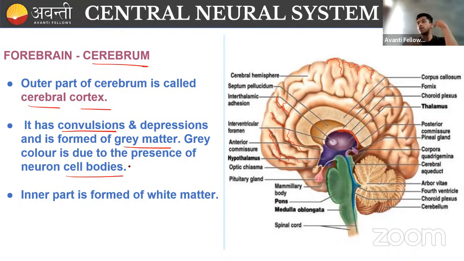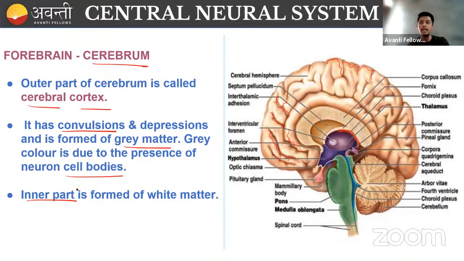So remember, the outermost part of your forebrain, which is also called the cerebral cortex, has neurons made up of only cell bodies which lack myelin sheath. That is why this region appears grayish in color, and we call this region gray matter. The inner part, the layer below the gray matter or cerebral cortex, contains neurons which are made up of myelinated sheath.